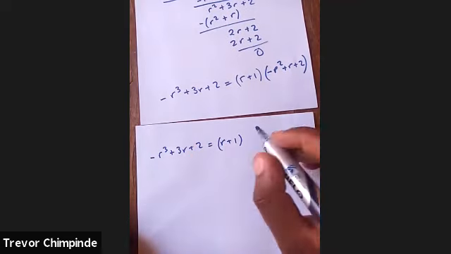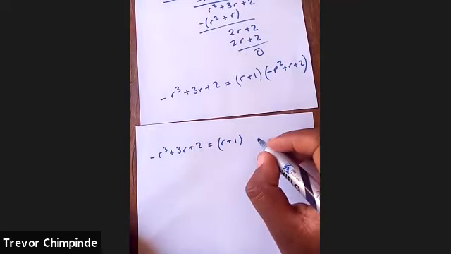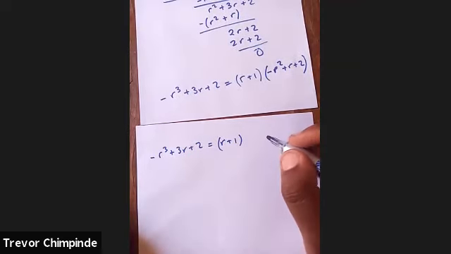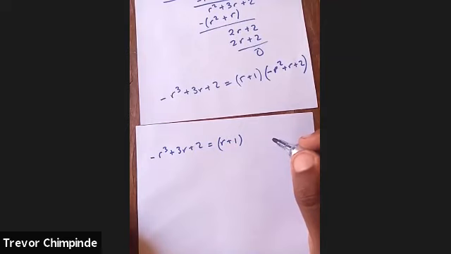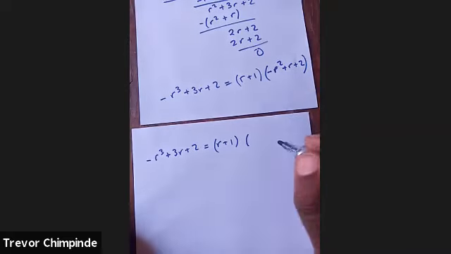Then this will be, what would it be? Can somebody help? That's r minus 2. No, r plus 2 and r minus 1. So you said what?